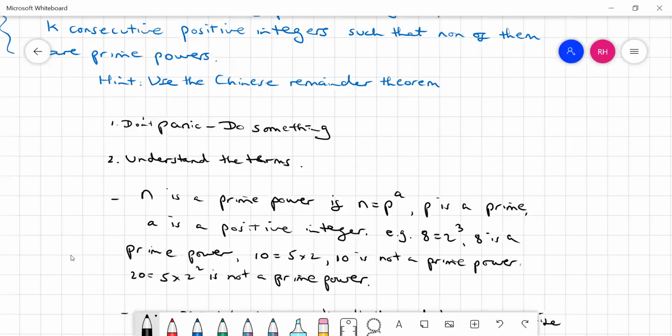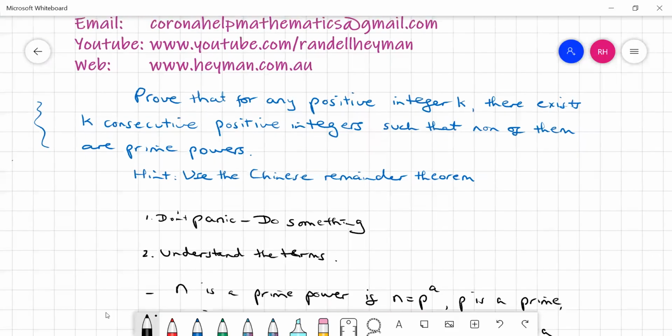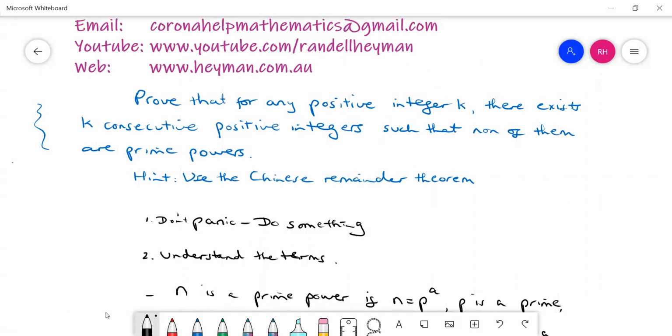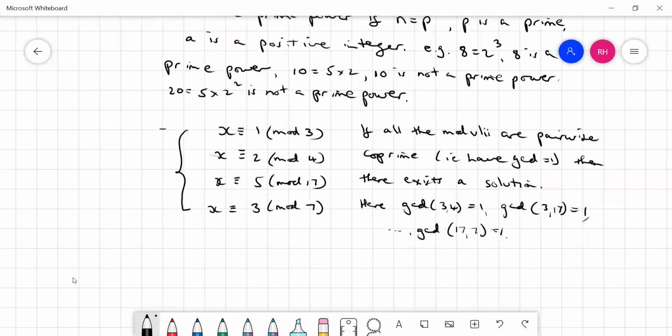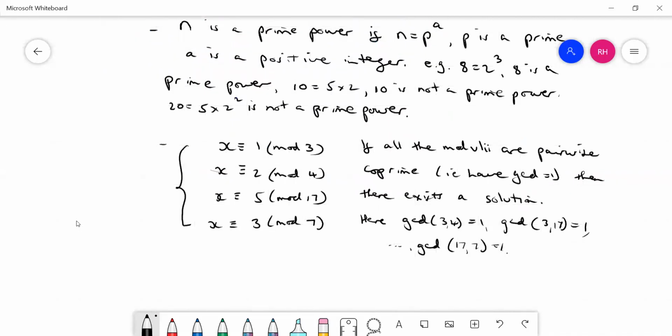Okay, so what I suggest now is let's look back at the problem. What we want to do is prove that for any positive integer k, there exist k consecutive positive integers such that none of them are prime powers. So you might want to, this is now rule 3, simplify at first.